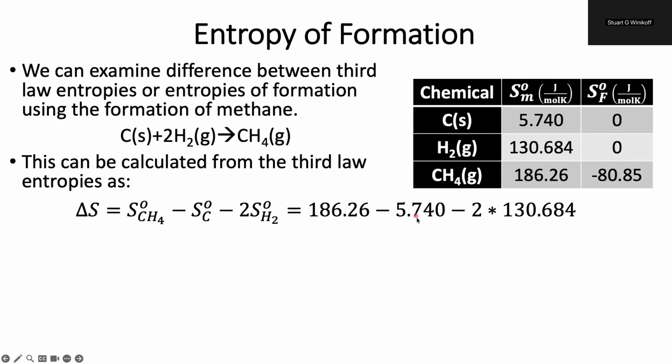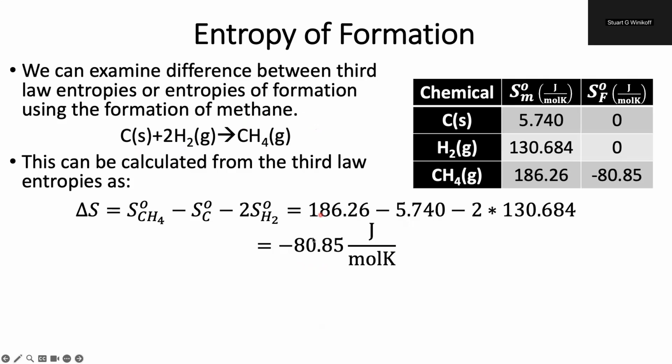Then we'll take all of these together, noticing that the units here are going to be joules per mole Kelvin. So this is actually a molar entropy of reaction. And while not explicitly stated, most entropies of reaction will be given as molar entropies, not size extensive entropies. It turns out that entropically this reaction is unfavored, which makes sense because we go from three different reactants, two in the gas phase, to a much simpler single methane molecule.